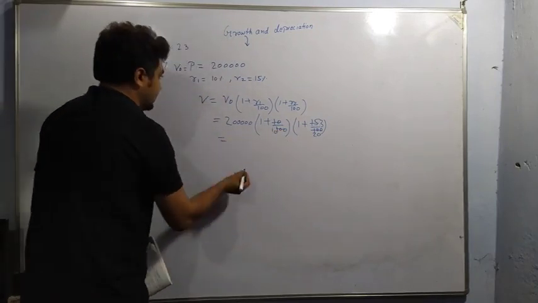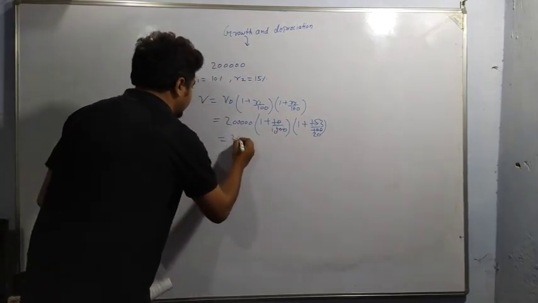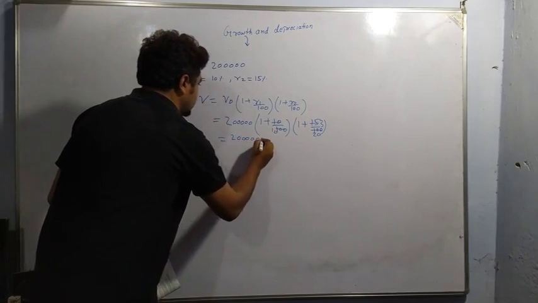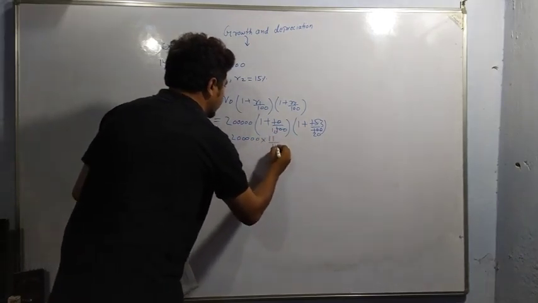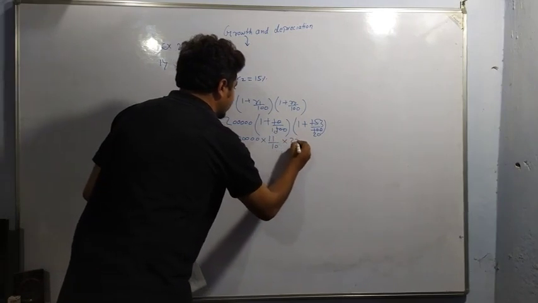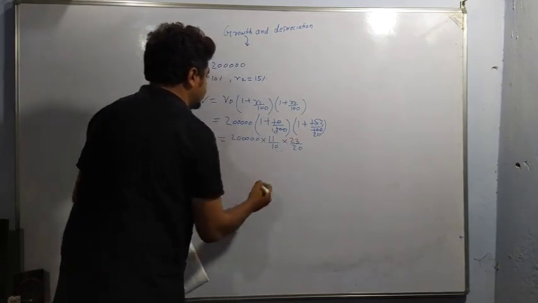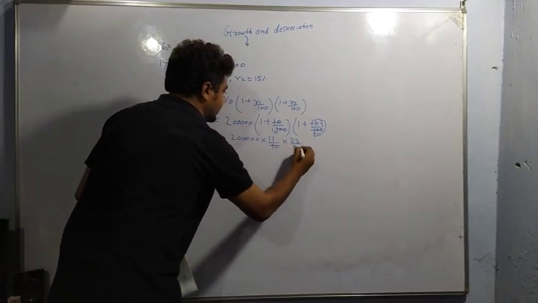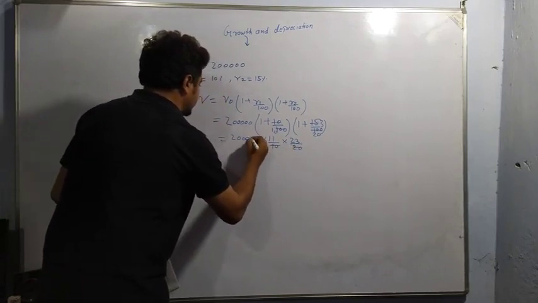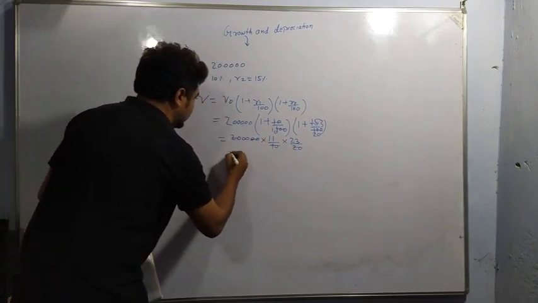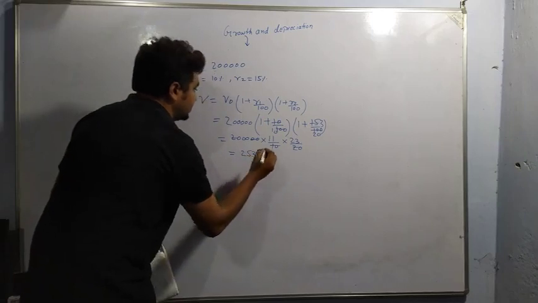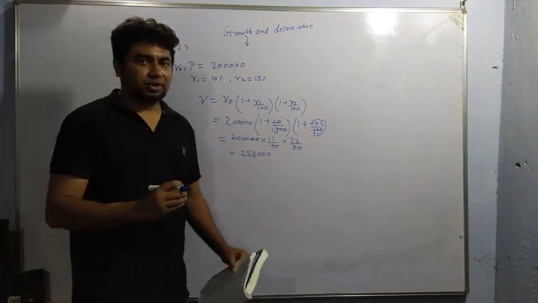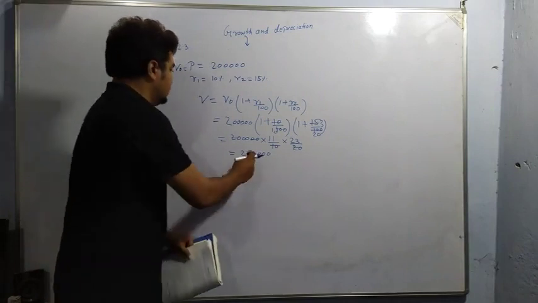So the value which we are getting is 2 lakh, and from here we are getting 11 by 10 and here we are getting 23 by 20, which by calculation, with 2 also cancelled, will be 2,53,000. This is the population after 2 years.